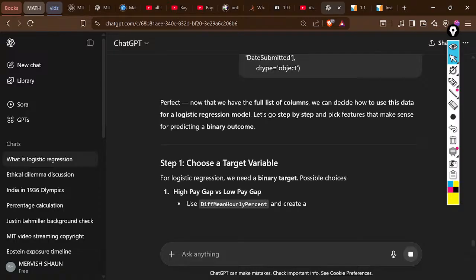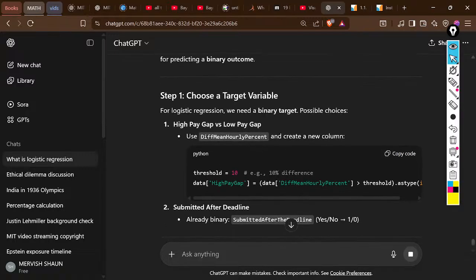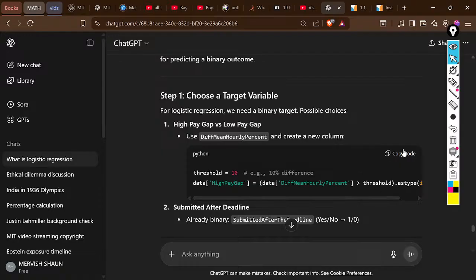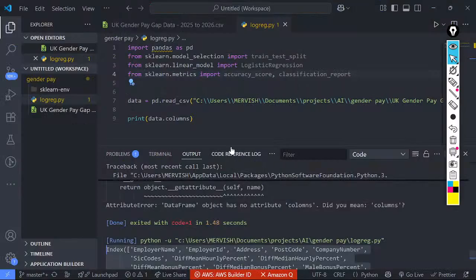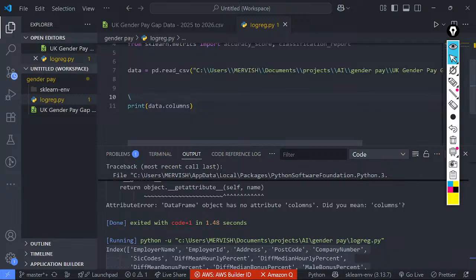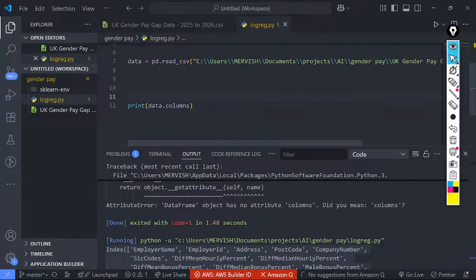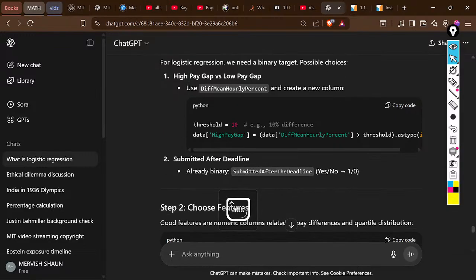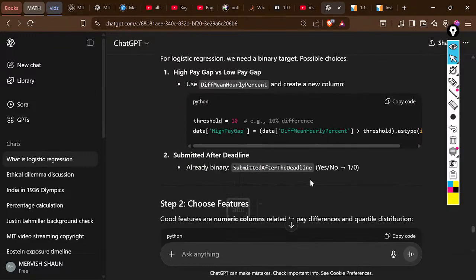Perfect. Choose target variable. I don't have, bro. Threshold. As type int. Submitted after deadline. I don't care, bro.